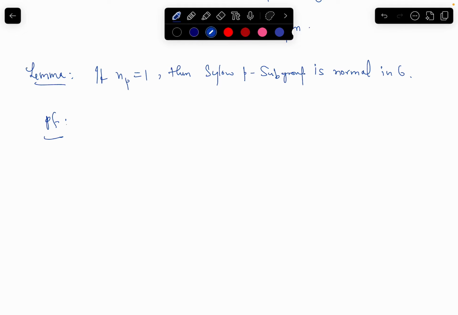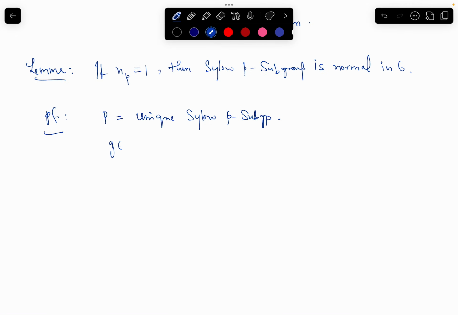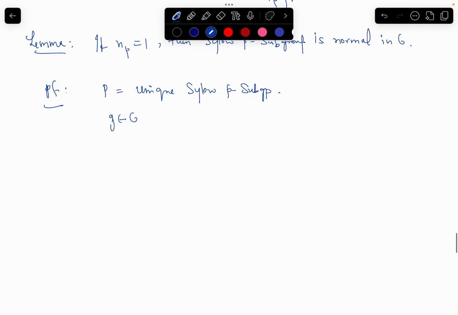So if P is the unique Sylow P subgroup, and if we pick any element g in G, then you can consider this g inverse P g.